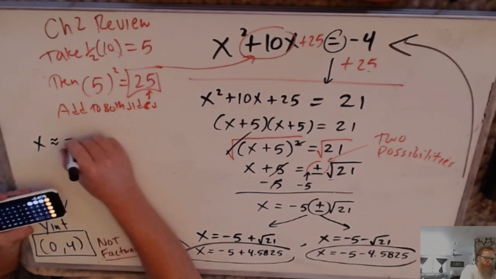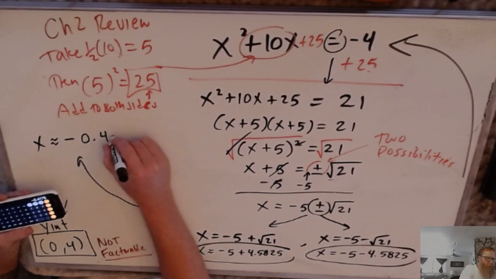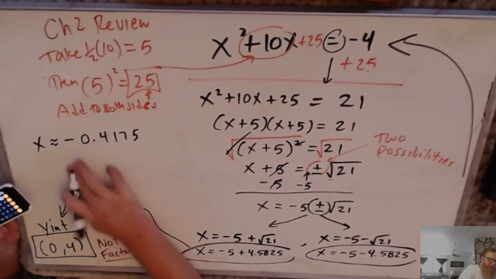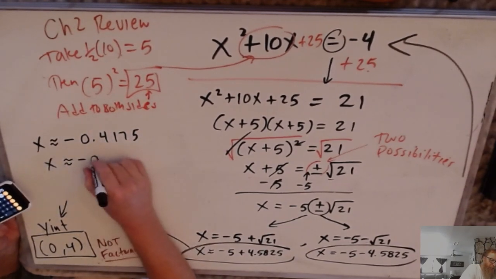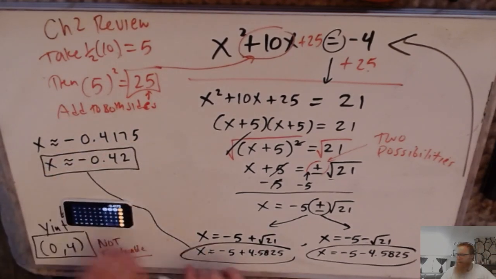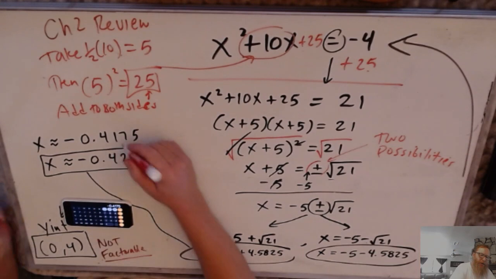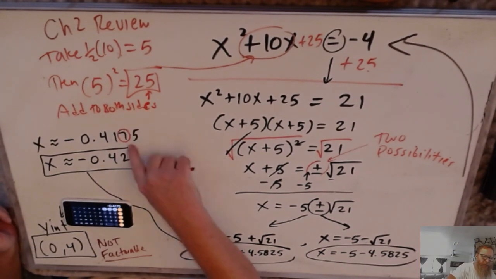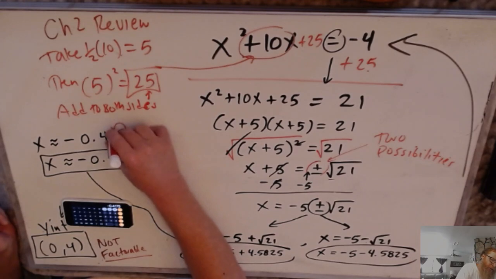So that's going to be negative 0.4175. I want 2 decimal places, so negative 0.42. All right, remember how to round. I know I don't probably need to go through this, but you look at the third decimal. If it's 5 or greater, you're going to round up.